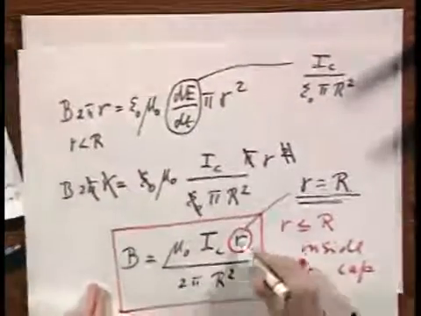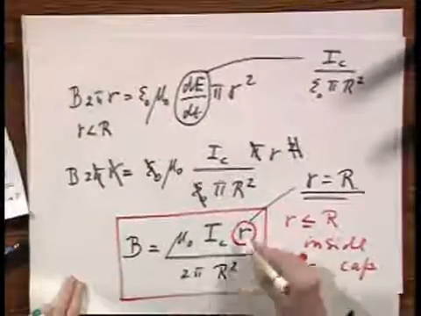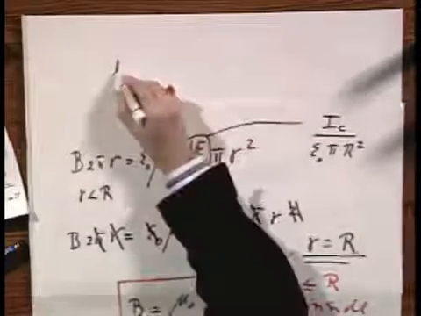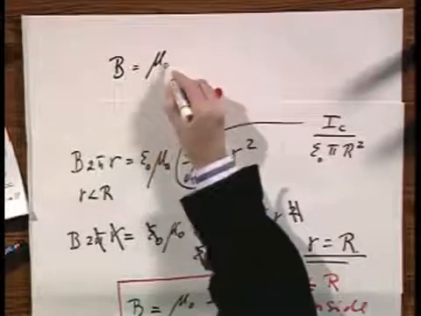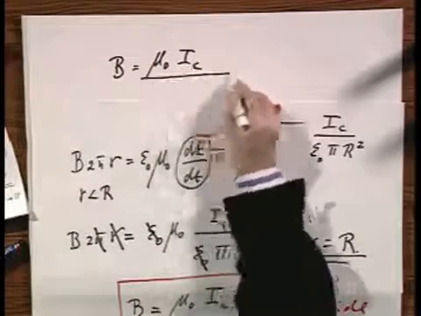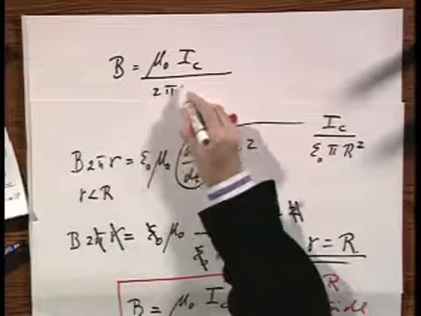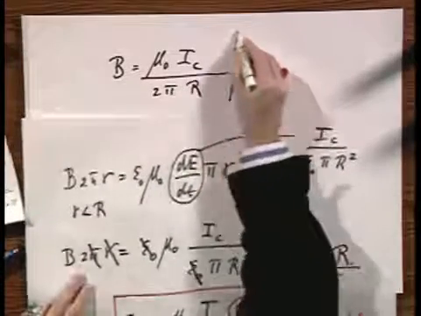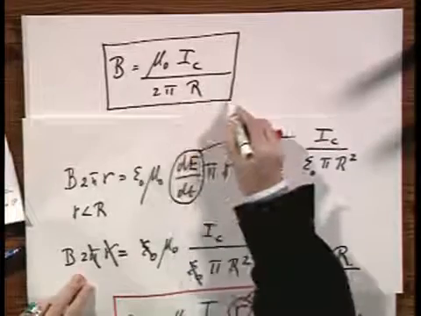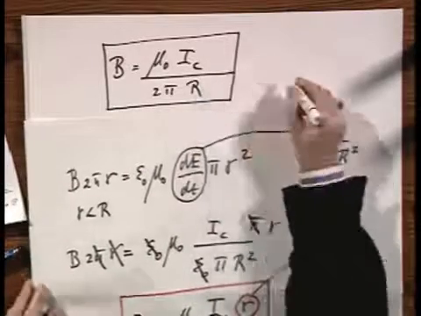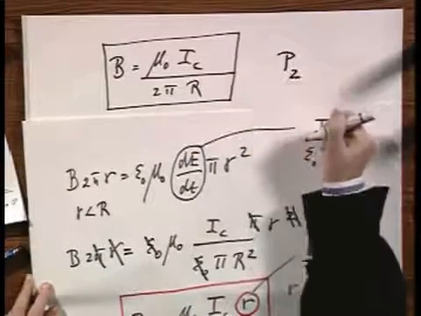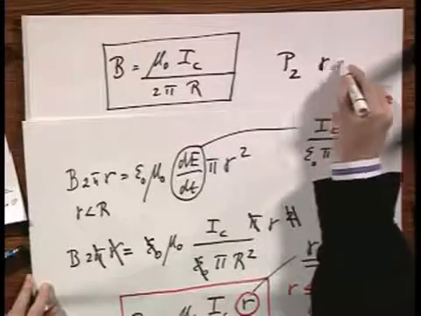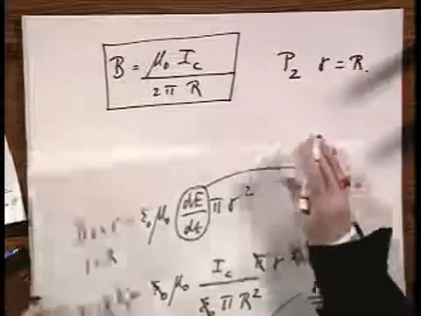If you stick in here capital R, notice that you get B equals mu 0 times I_C divided by 2 pi times capital R. And that is indeed exactly the same that you would have found if you look at your solution for P2 and you substitute r equals R.